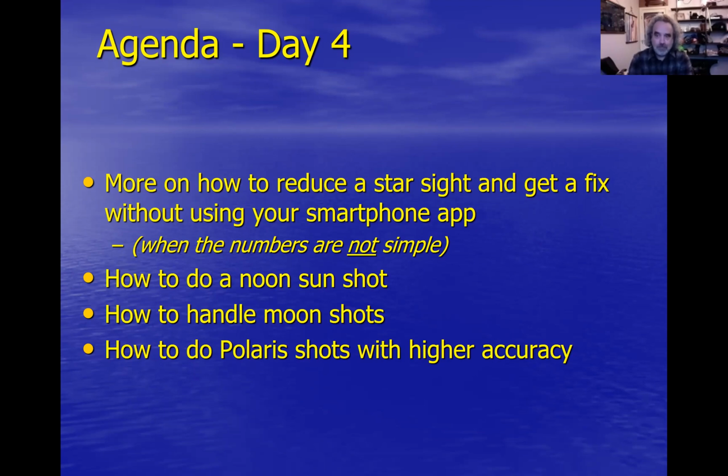Well, maybe not, because although the North Star is very closely aligned with the Earth's axis, it's not exactly on the Earth's axis. If you're willing to tolerate some error, then you can just measure the altitude and call it good. But if you want high accuracy, you need to account for the fact that Polaris is not exactly on the Earth's axis. We'll talk about that last day.